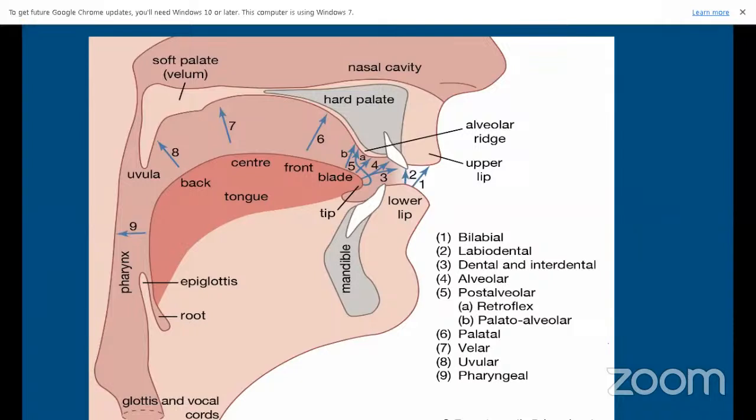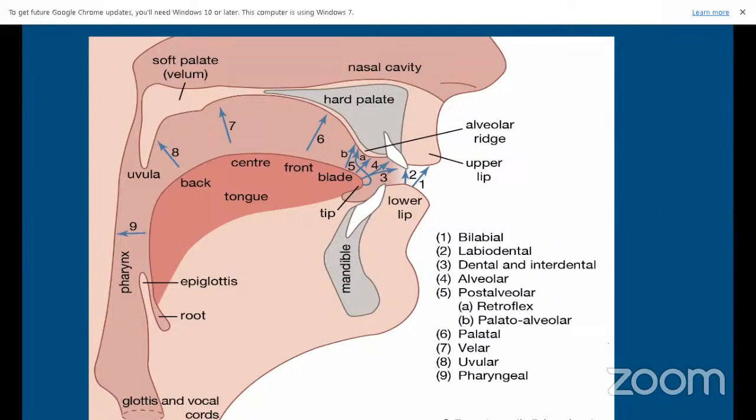Now look at these parts of the oral cavity. What is the alveolar ridge? The upper lip. Can you see this? They are all passive articulators.